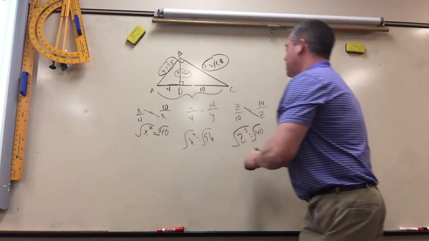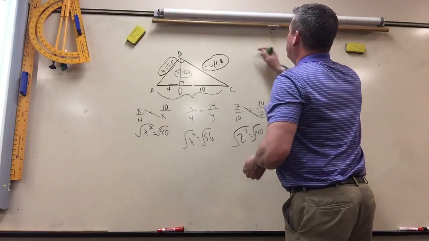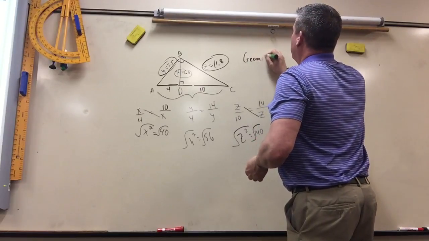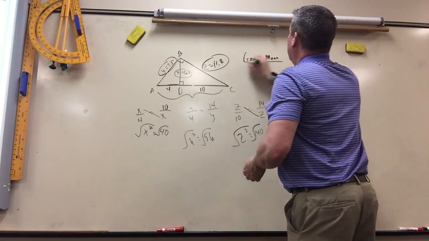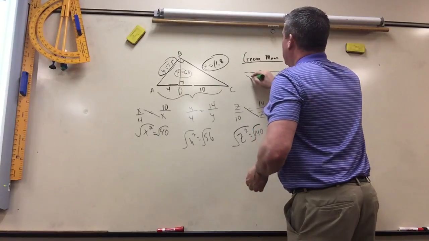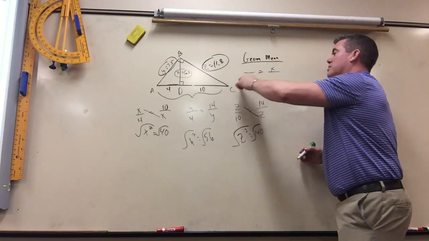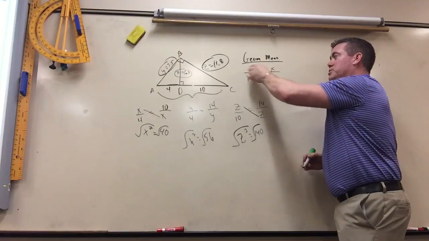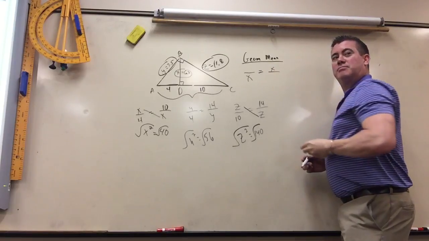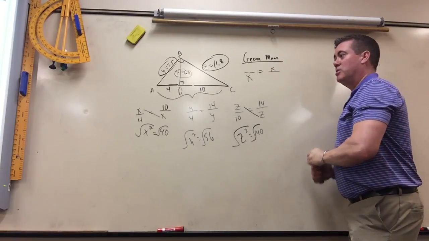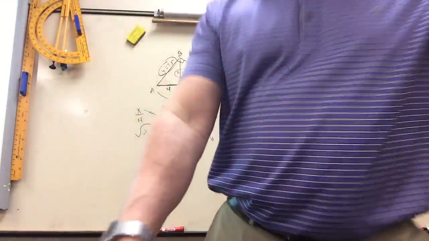So again, what you got to remember is the geometric mean. You put it in 2 spots, and then the other 2 numbers you put in here. All right? So let's do some examples of that.